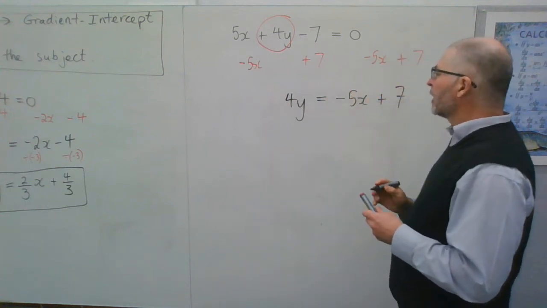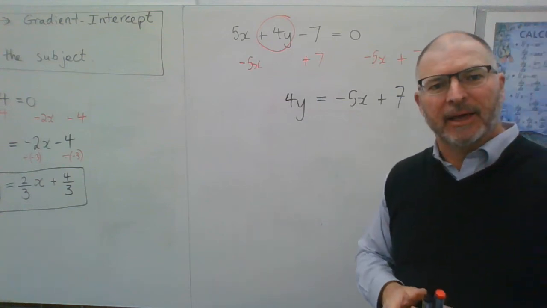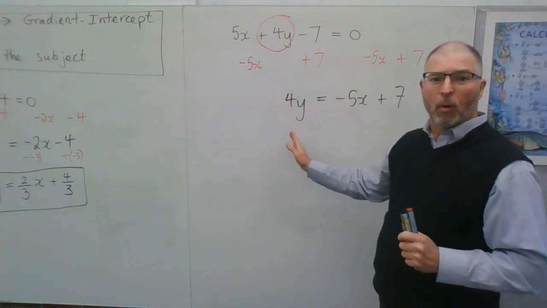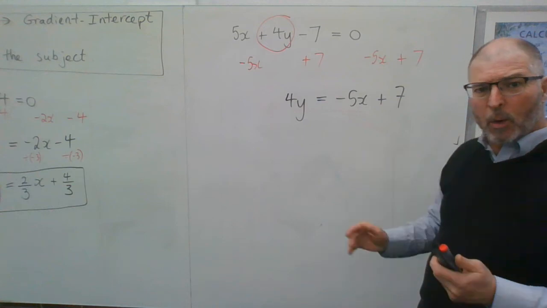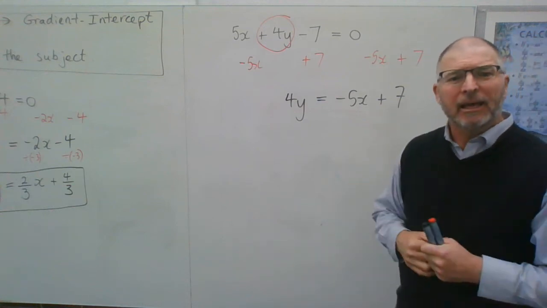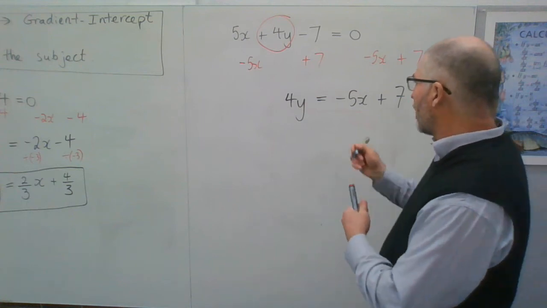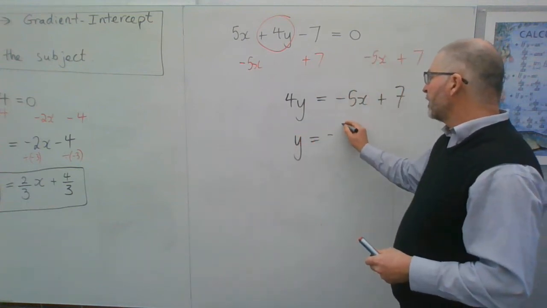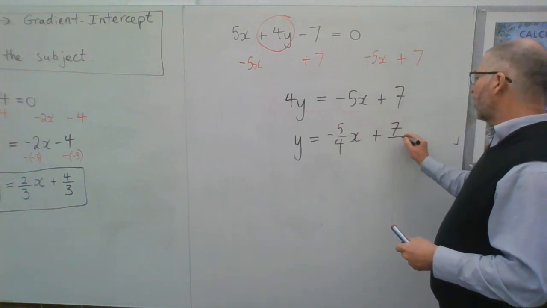plus 7. Now, just to get the y by itself as the subject of the equation, not minus y, I need to divide by 4 because the y is being multiplied by 4. So I divide both sides of the equation by 4, make everything 4 times smaller as such. So this divided by 4 will just leave me with y, and this would be minus 5 divided by 4 times x plus 7 divided by 4.